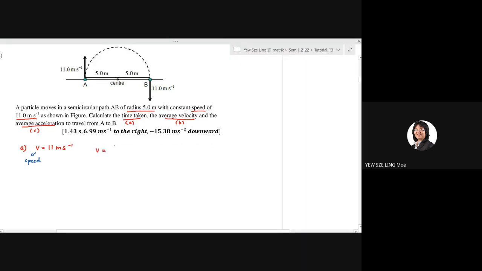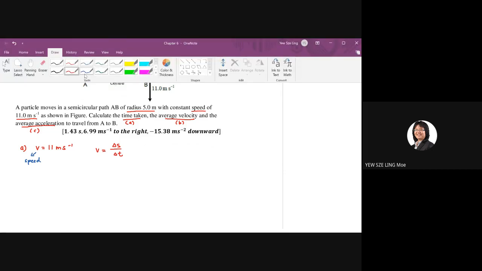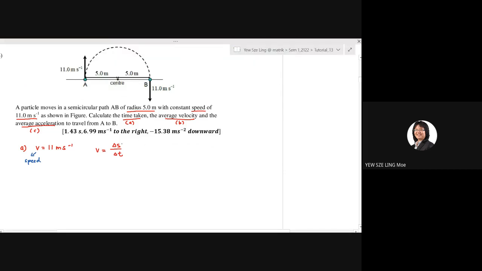So if you want to calculate speed, the equation we are going to use is v equals to change in s over change in time. Now if you are looking at speed, then this s is actually the distance. Why is it so important to know whether it is distance or displacement?